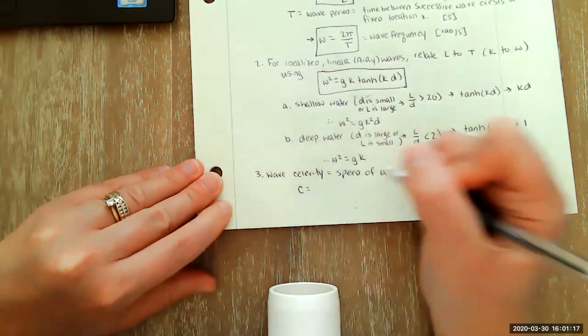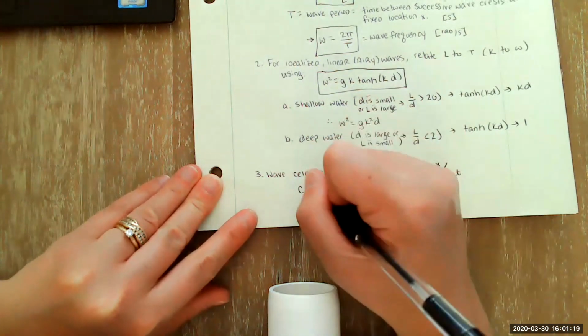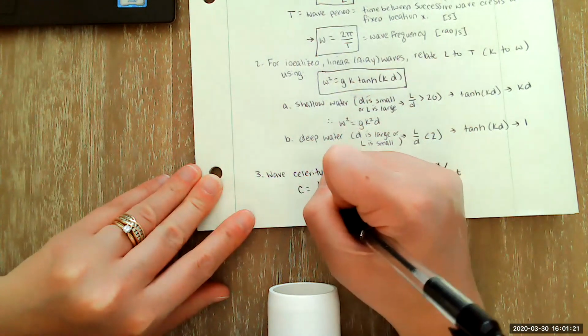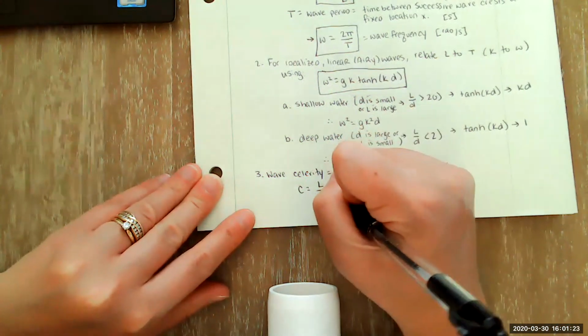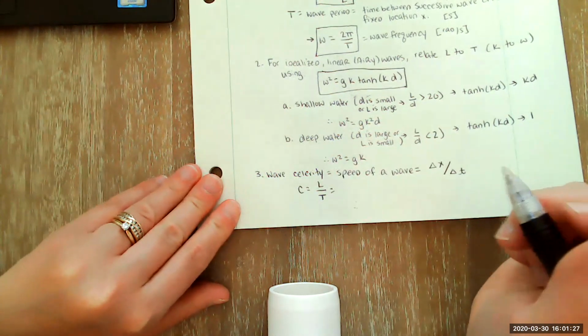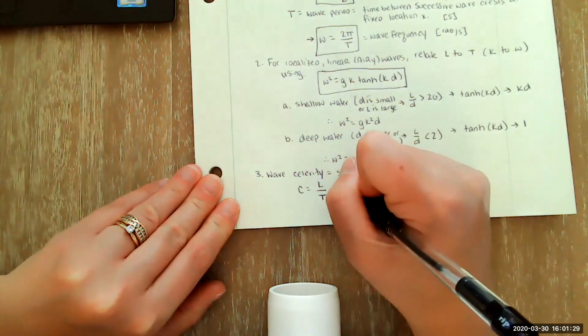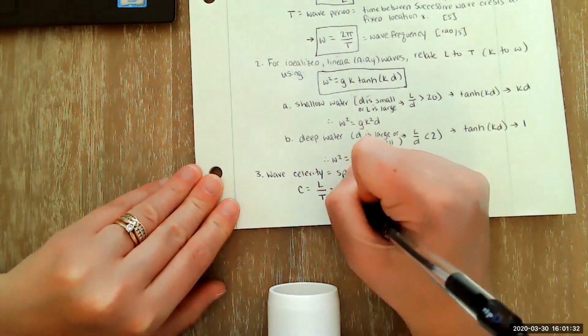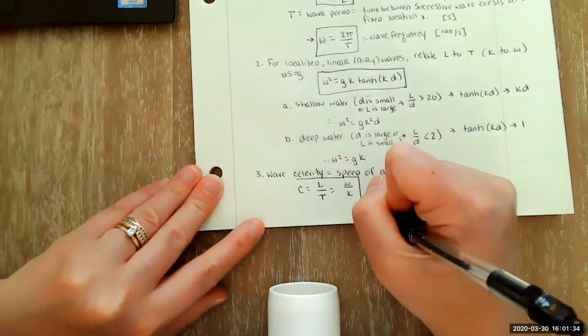And the equation itself, so the wave celerity c, can be calculated as the wavelength divided by the period, or if we plug in 2 pi over k and 2 pi over omega for L and T respectively, we can calculate it as omega over k.